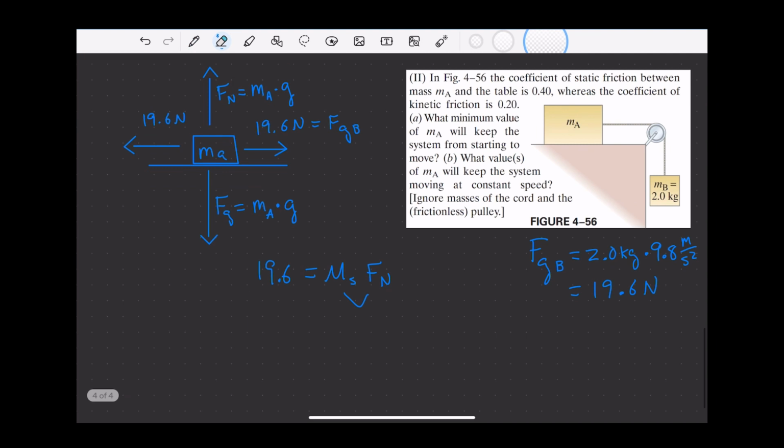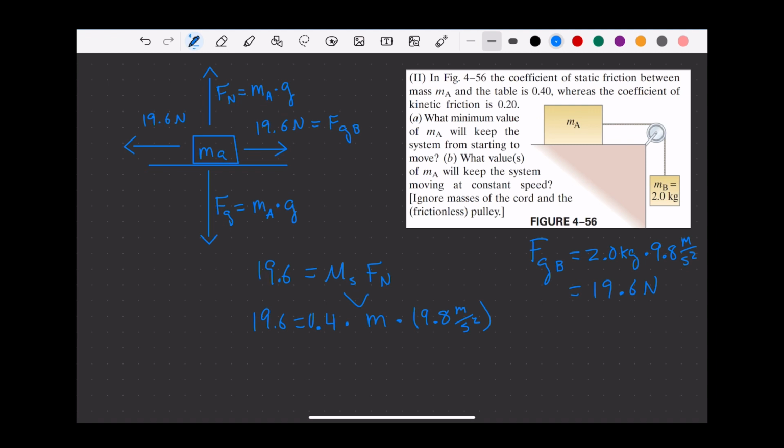So if 19.6 was equal to our coefficient of static friction, which is 0.4, times mass times gravity, which in our case is 9.8 meters per second squared, we've set this up in a way that all we need is to solve for the mass A. So really quickly, I'm going to multiply 9.8 times 0.4.